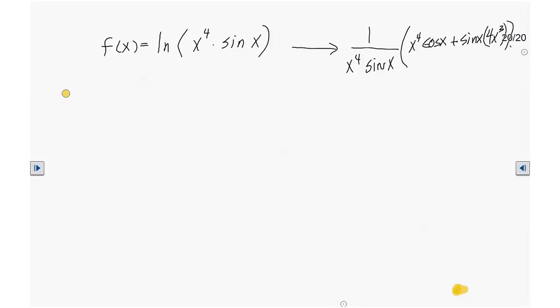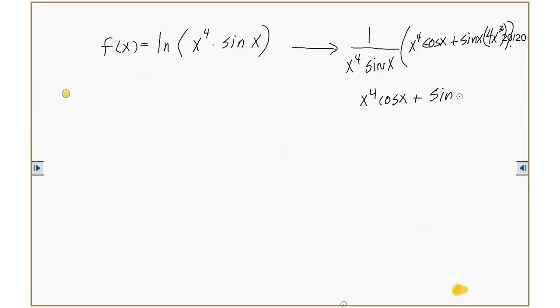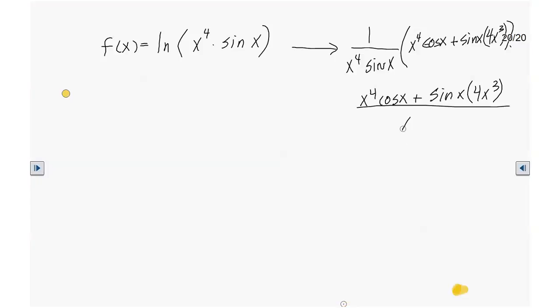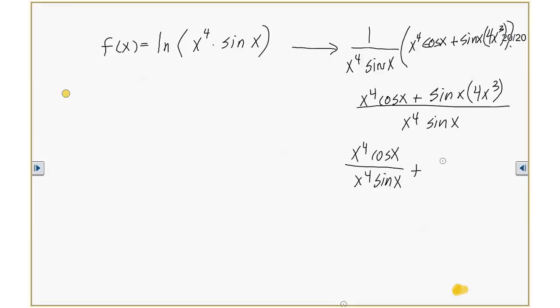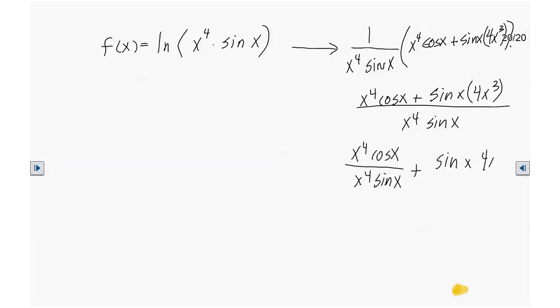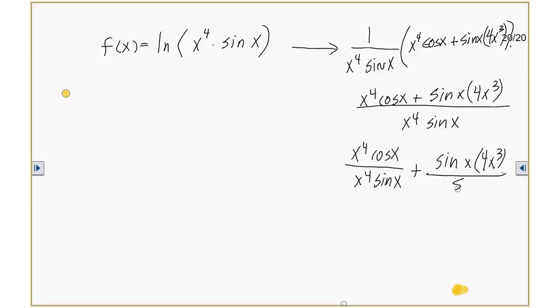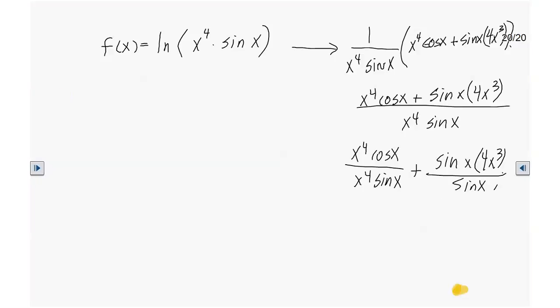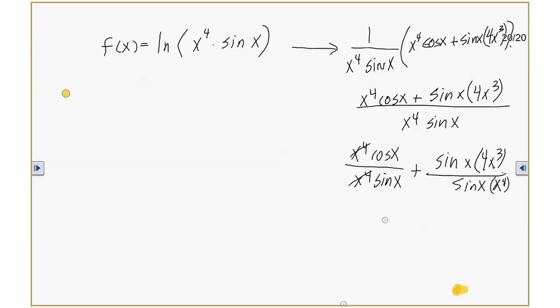And then you take that, and we can go x to the 4th cosine of x plus sine of x, 4x to the 3rd over x to the 4th sine of x, and then that's x to the 4th cosine of x over x to the 4th sine of x plus sine of x 4x cubed over sine of x, x to the 4th. x to the 4th and x to the 4th cancel, and that thing over what, cotangent?